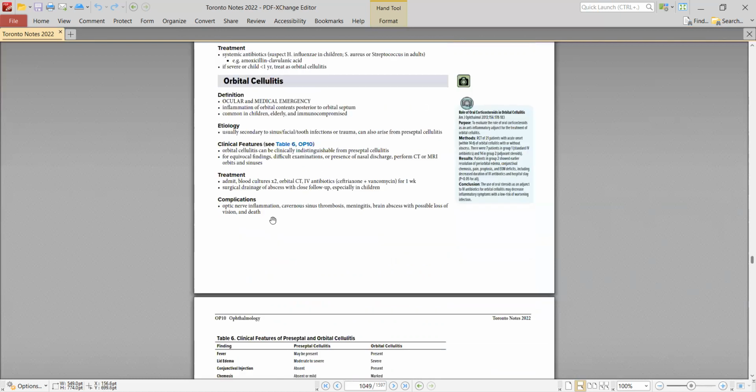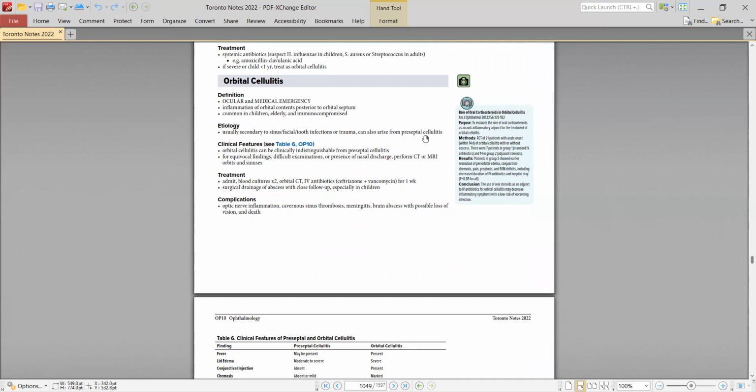So orbital cellulitis, what are the things that you see in orbital cellulitis and how does it occur? Orbital cellulitis is inflammation of the orbit contents posterior to the orbital septum, common in children, the elderly, and the immunocompromised. Etiology: after sinus infection, facial infection, tooth infection, trauma.